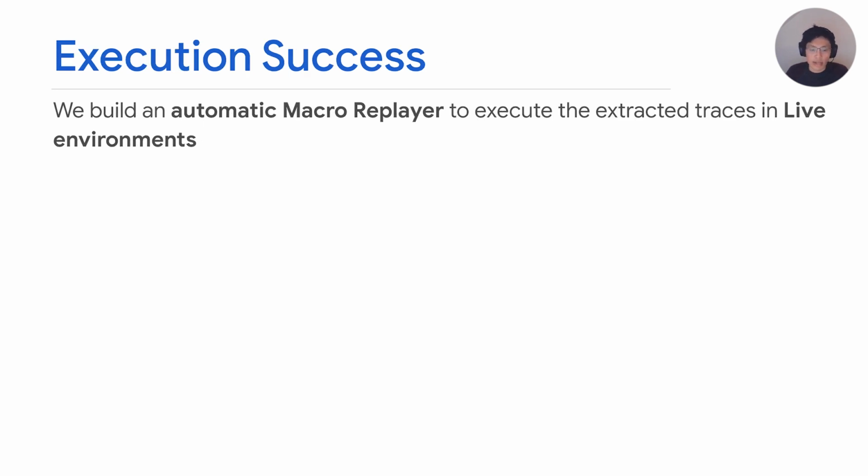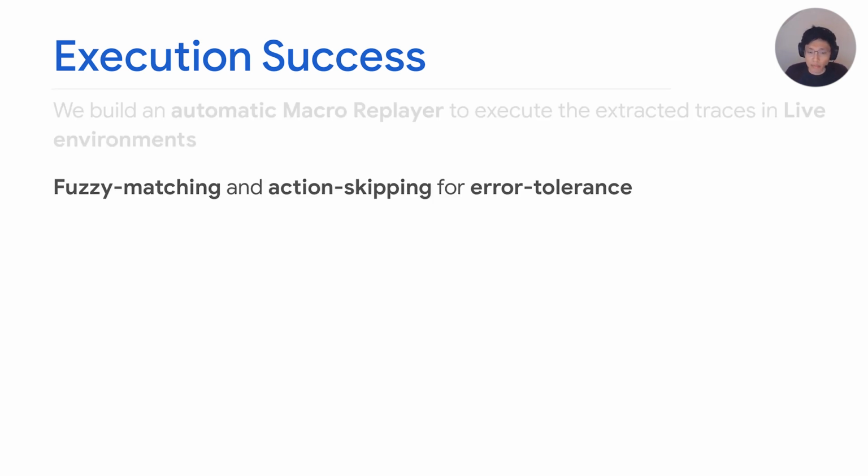While extracting the macros is the core contribution of our work, we further built a macro replayer to execute the extracted traces in a live environment to fully close the loop of our envisioned application of extracting and executing the macros. We additionally implemented fuzzy matching, and we skip invalid actions in our macro replayer to tolerate errors or changes in the UIs.